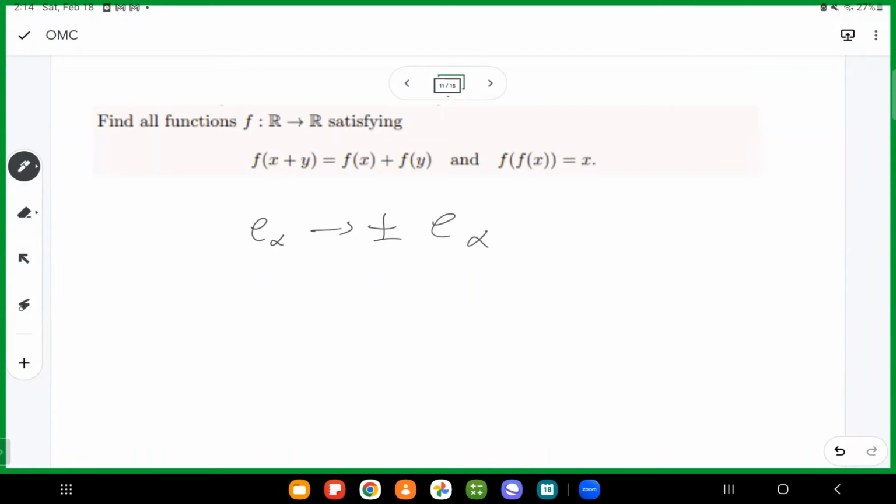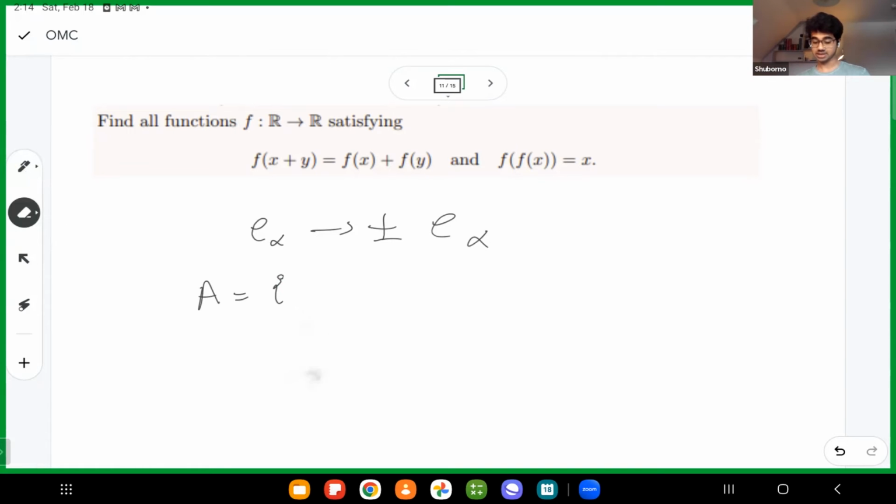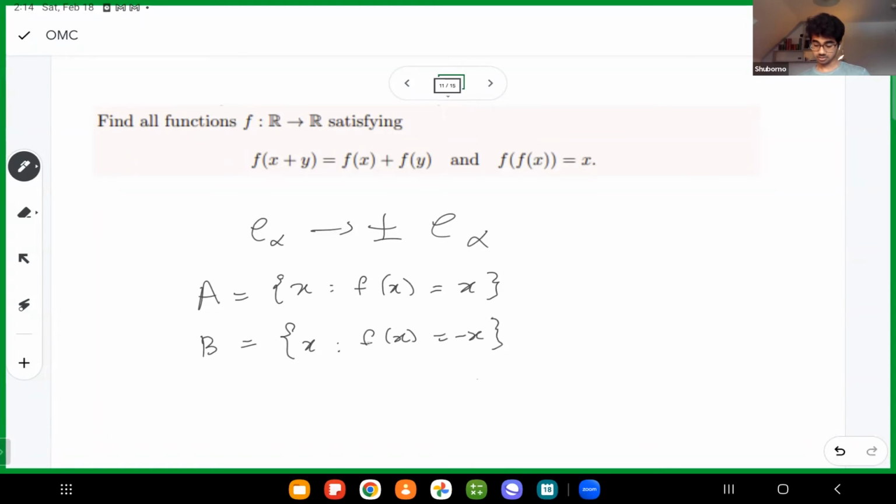Right. It turns out that those are not the only two solutions, but it pretty much is what the values will take. Let's try and show that. Let's say there's a set A which is the x such that f of x is x, and B is the set such that f of x is minus x.